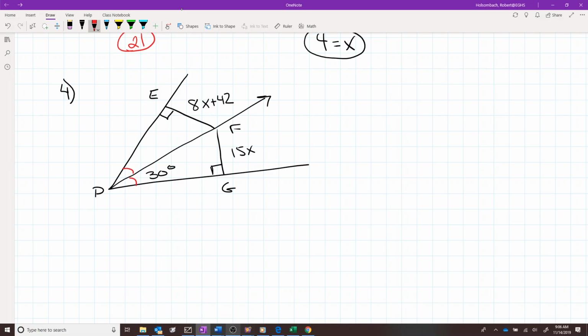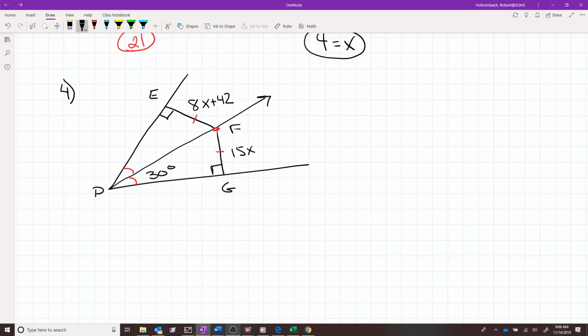DF bisects EDG. Angle bisector. Any point on the angle bisector is equidistant from the sides of the angle. So in this case, you're asked to, on your study guide it says find the value of x. On your quiz it's going to say find the value of EF or FG, one of the two.